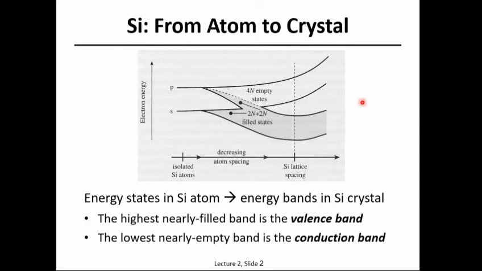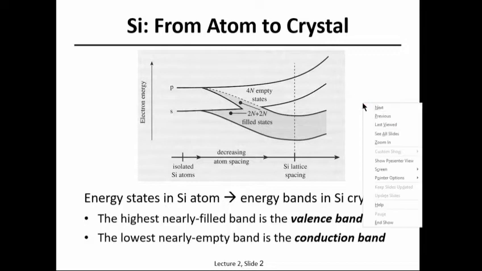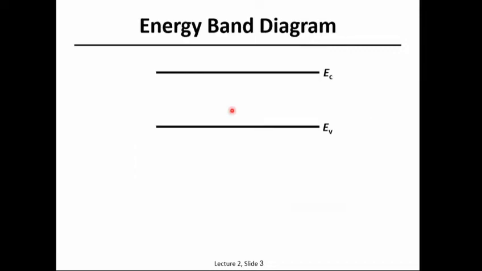So let's see how we can present them in this slide. In this slide, the energy band diagram, as you're used to it from last year, we'll present as a flat band. We have a conduction band and a valence band. Between the conduction and the valence, we have an energy gap. So the energy gap is EC minus EV.